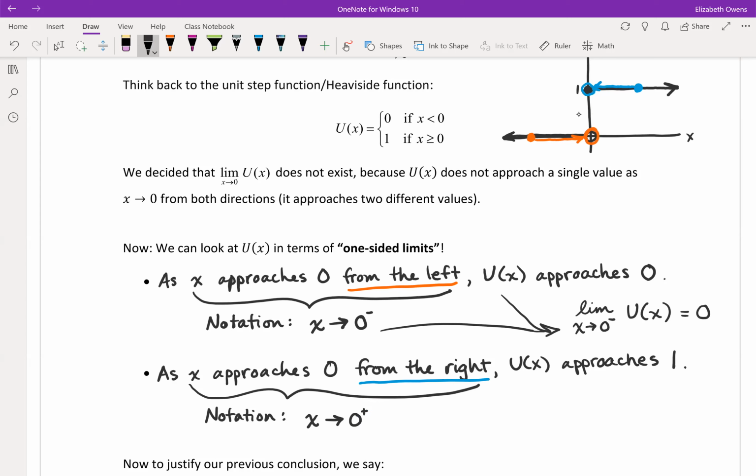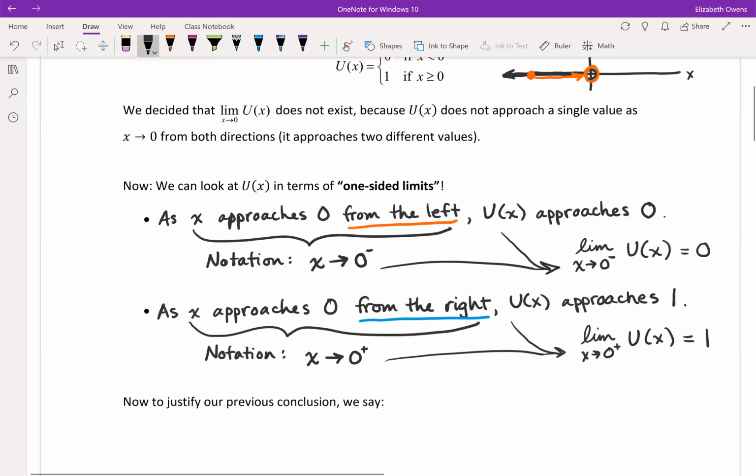So when we put that together with the result that we got, we would get the statement, the limit as x approaches 0 from the right of u of x equals 1. Okay, so those are our first one-sided limits, one from the left and one from the right.